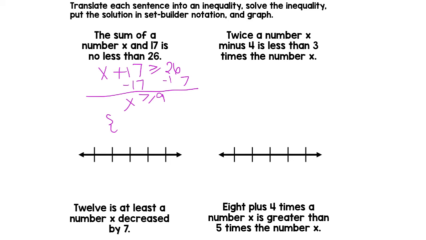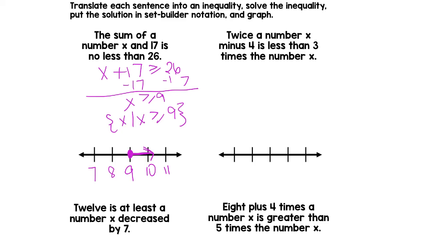Set builder notation: x, given that x is greater than or equal to 9. 9 is going to go in the middle. Circle on 9, and it's going to point to the right. So I think you should pause here and try the rest on your own, or you can follow along.